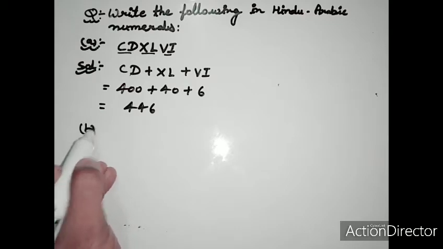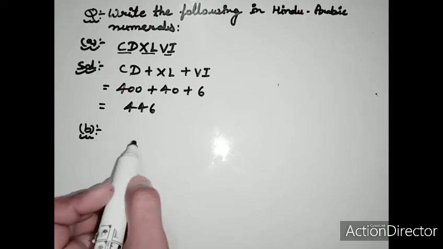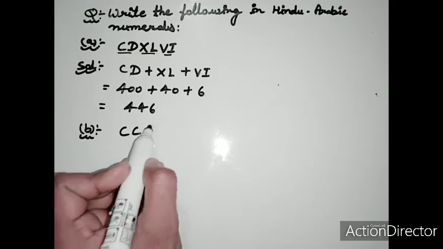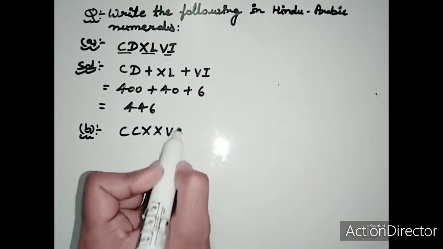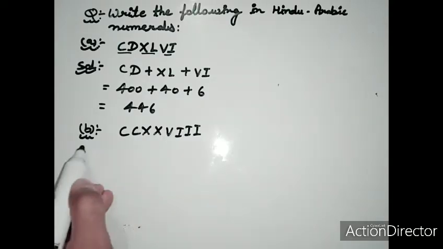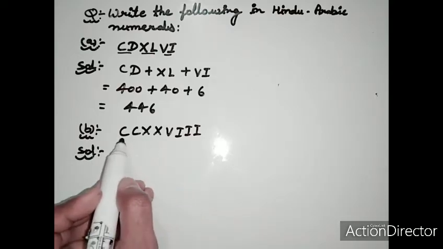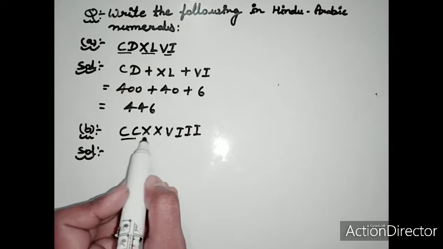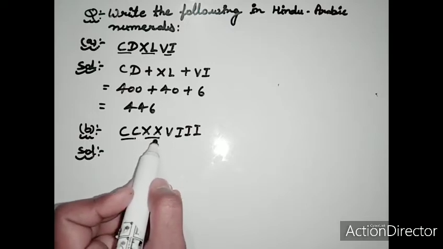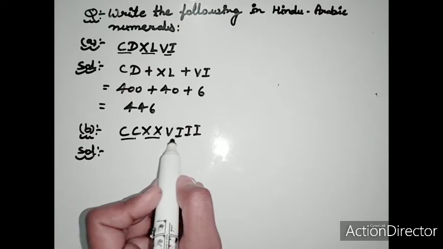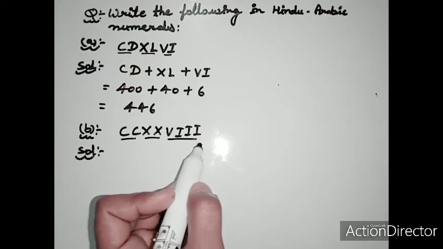Now we take another example, B, and here we take the number CCXXVIII. Now here we apply the same rule. First we separate these numbers. CC here means 200, XX means 20 and VIII means 8.